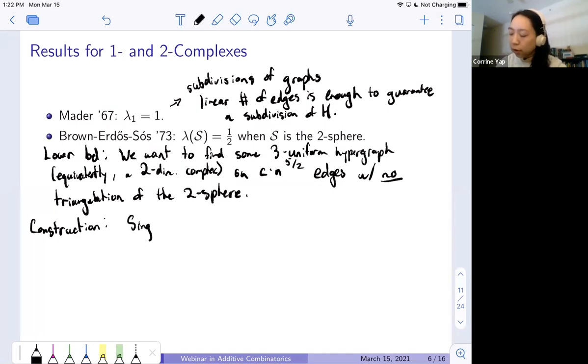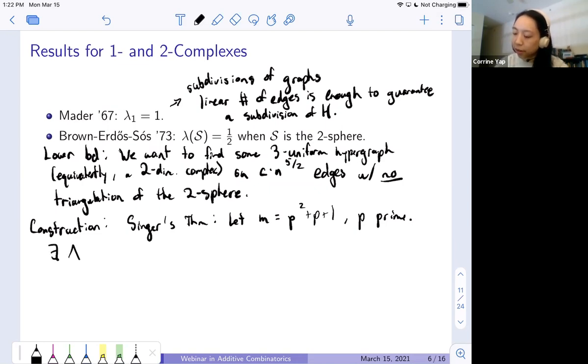Singer said, if we take M to be p squared plus p plus 1 for p prime, then there exists, I'll call it D, contained in Z mod M, such that D is a perfect difference set.